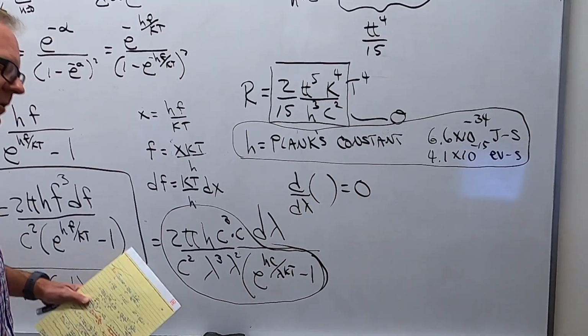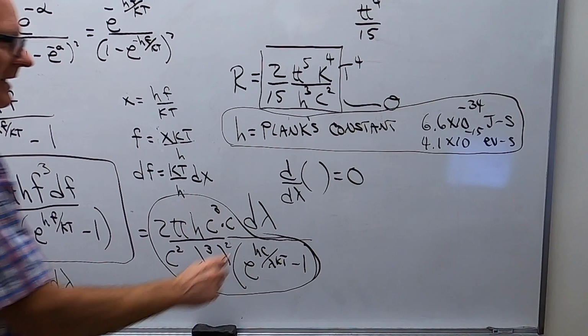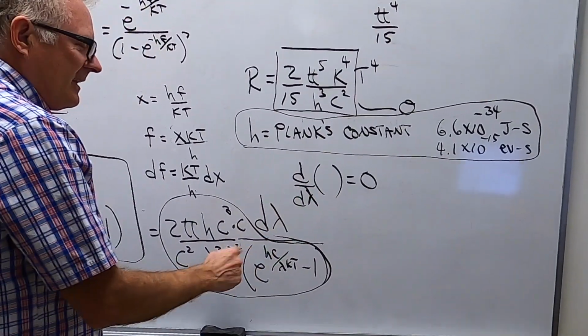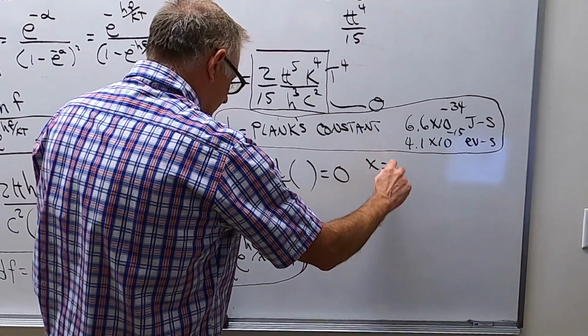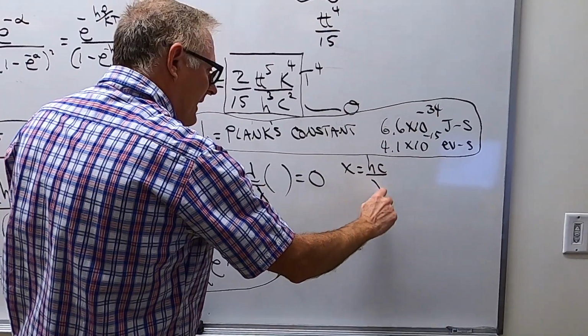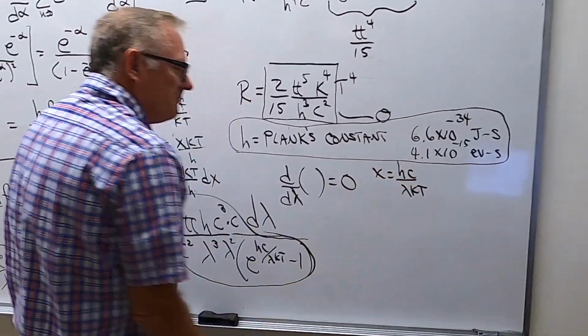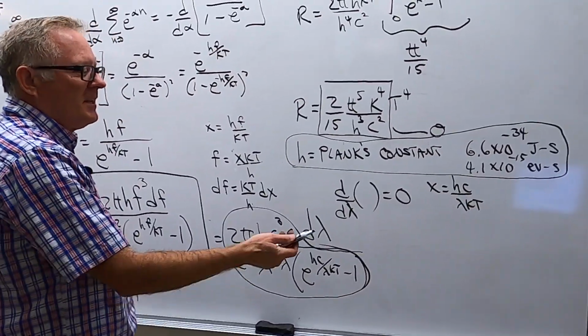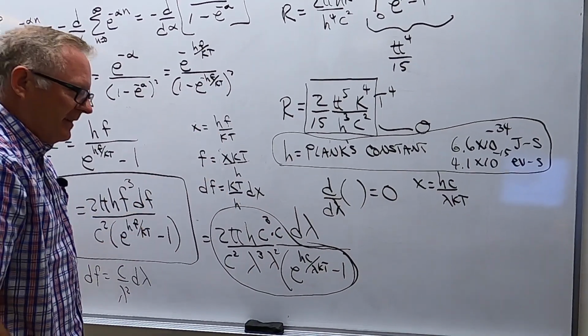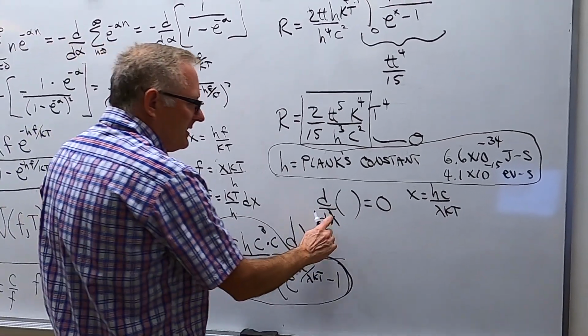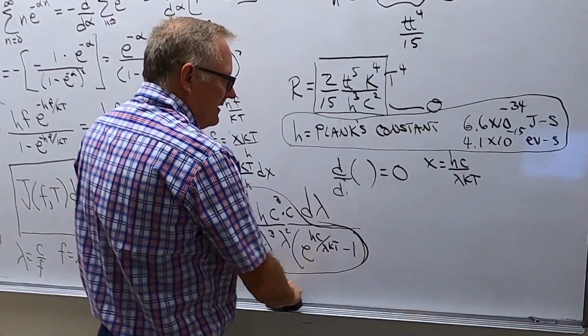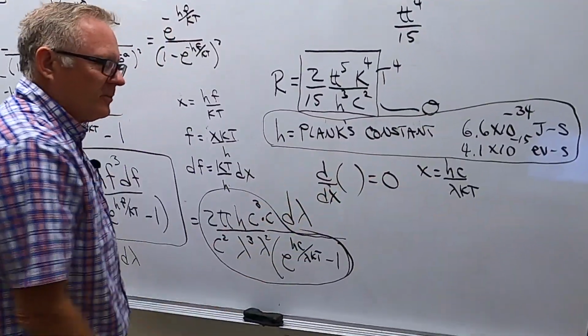To make it a little bit easier, let x equal hc over lambda kT, and turn all of your lambdas into x's. Then you would just take the derivative with respect to x and set it equal to 0.